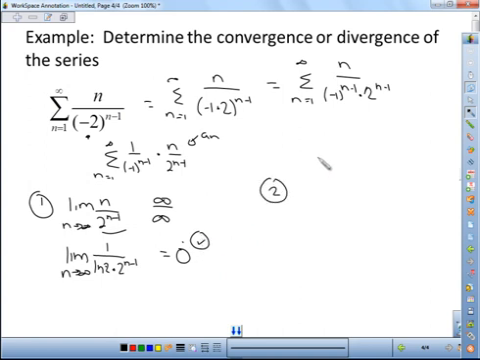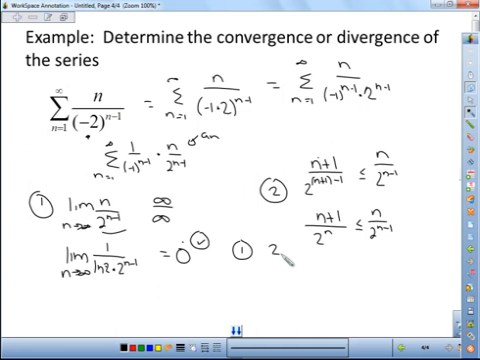So now I need to make sure that my n plus 1 term is less than my nth term. So if you notice, okay, my first term is going to be 2 over 2, which is 1.